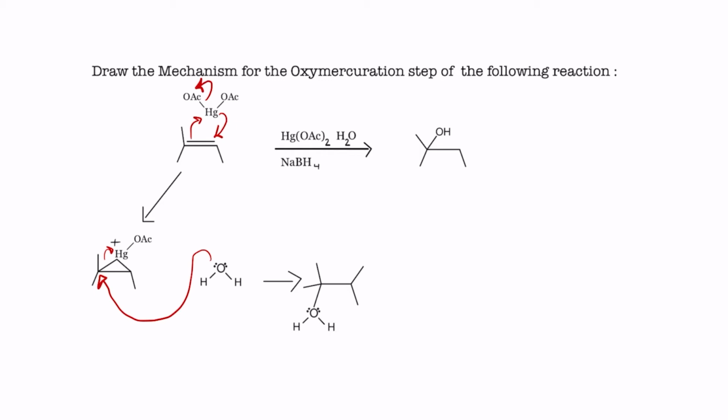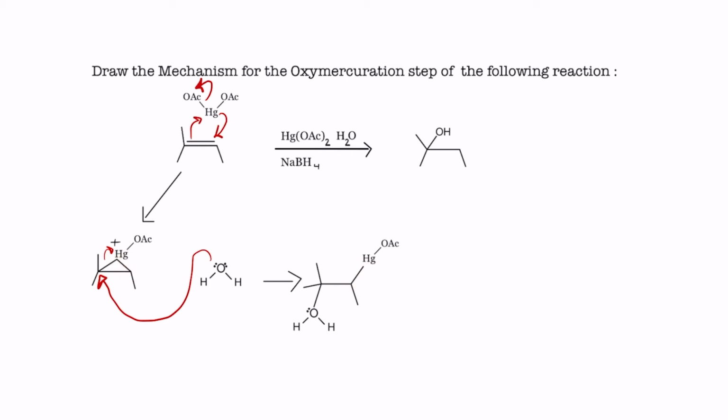So now this water molecule used this lone pair to form that new bond between it and carbon. Therefore, it should only have one lone pair left. And we see that this bond broke between mercury and carbon, which leaves mercury only attached to this carbon over here. And we see that bond retained in this intermediate.